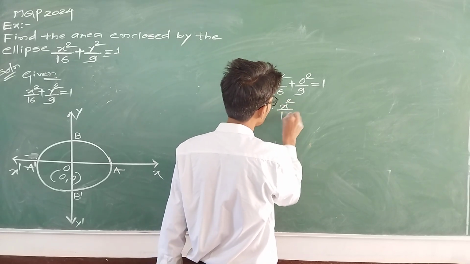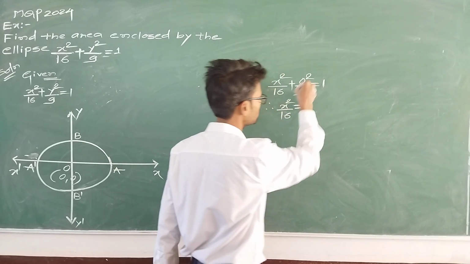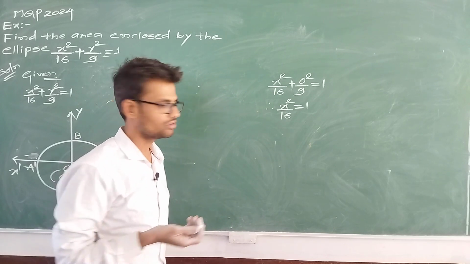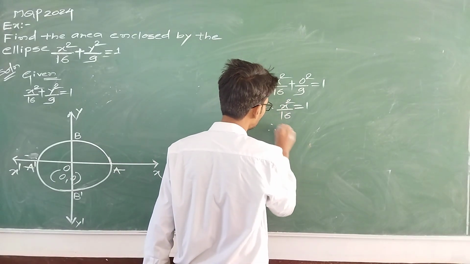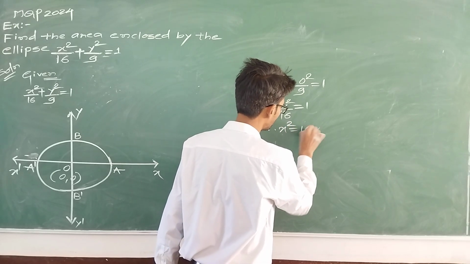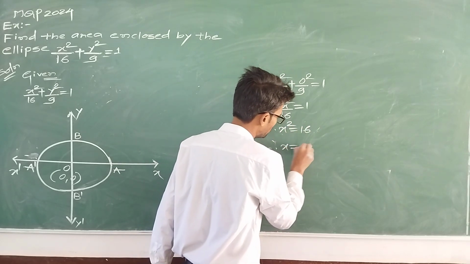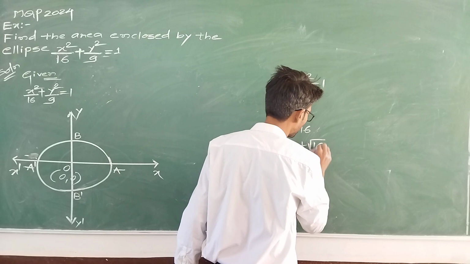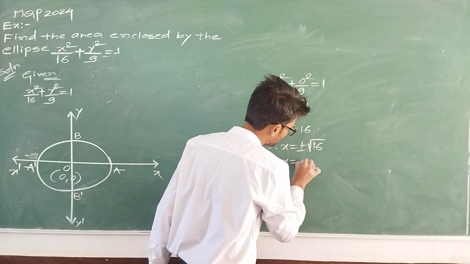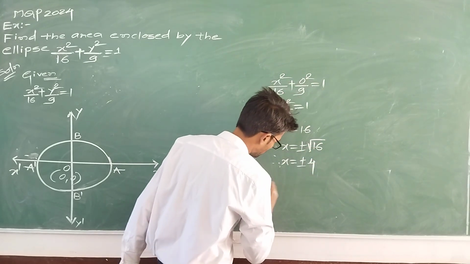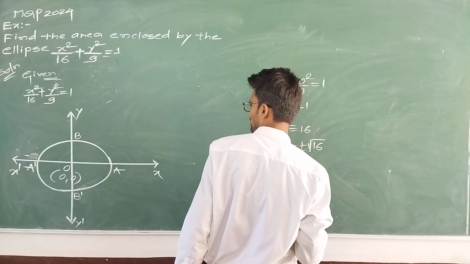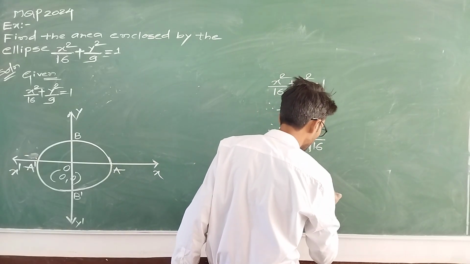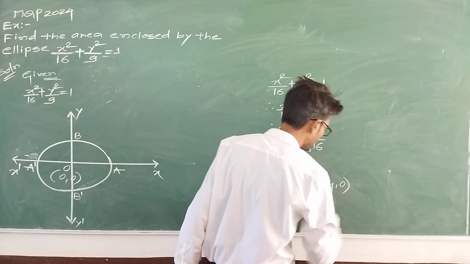Therefore, x square by 16 is equal to 1 because 0 square by 9 is 0. X square equal to 1 into 16, so x equal to plus or minus square root of 16, therefore x equal to plus or minus 4. Therefore, the coordinates of the points A and A dash are plus or minus 4, 0.